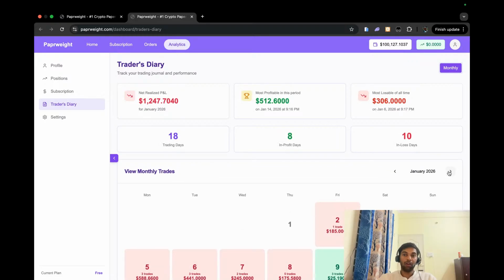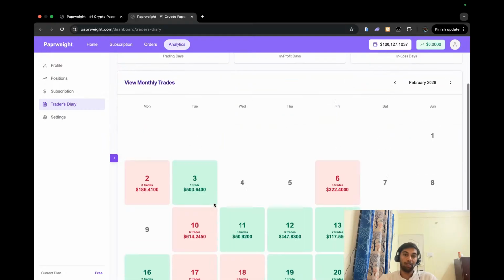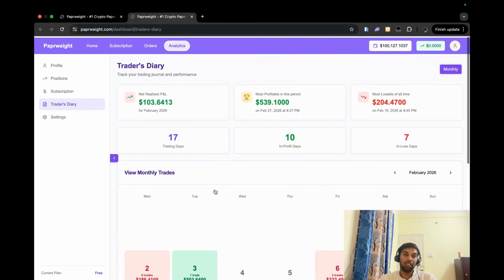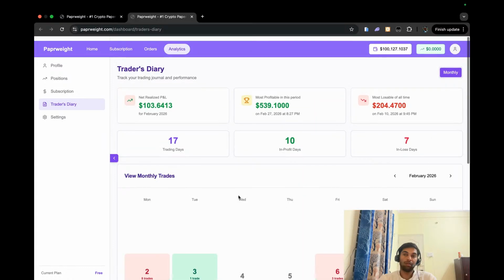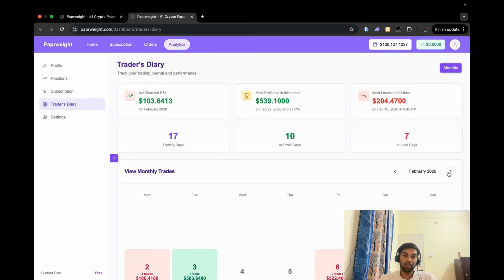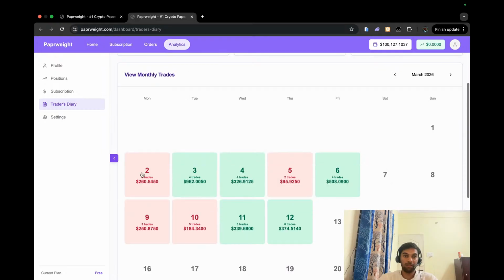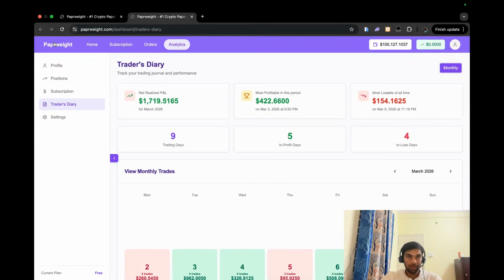We recovered in Feb, but in Feb also we were close to more than 2,000 dollars loss. In March we started with a loss, but eventually traded back to the original capital.